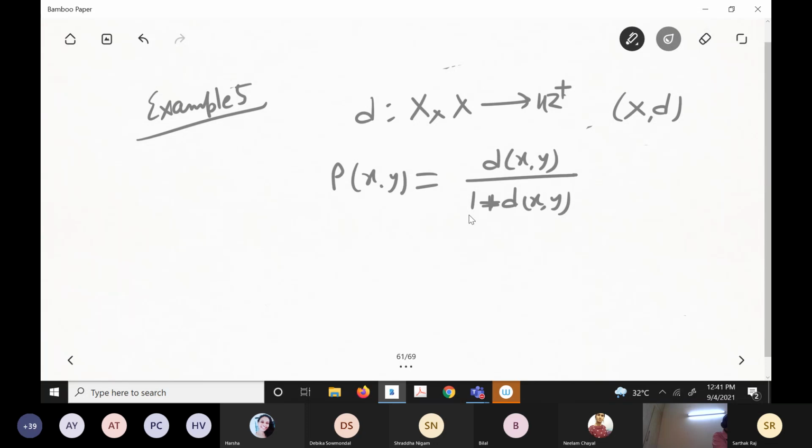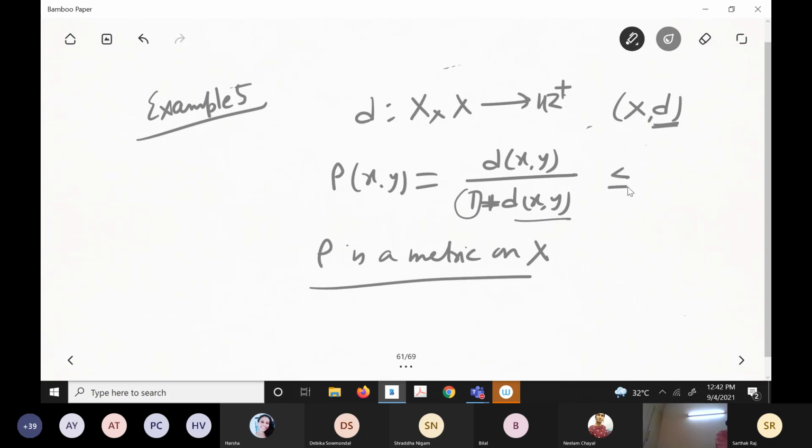You could take any positive real, but make sure that the denominator is never 0. That's why I'm putting 1. You'll have to verify that rho is a metric on X. Now look, the difference between the metric d and rho is that about d I do not know whether it is a bounded metric or not, but rho is always a bounded metric because its value is less than or equal to 1. Got it? So rho is a bounded metric.